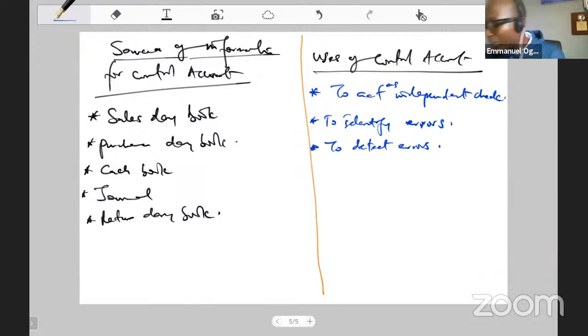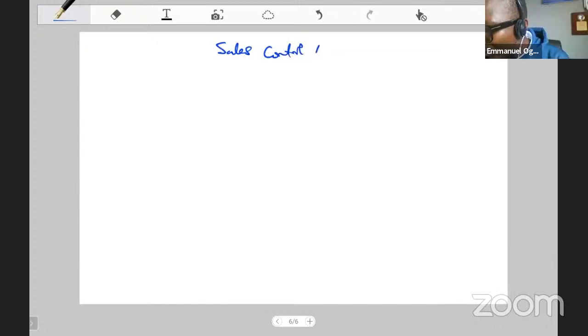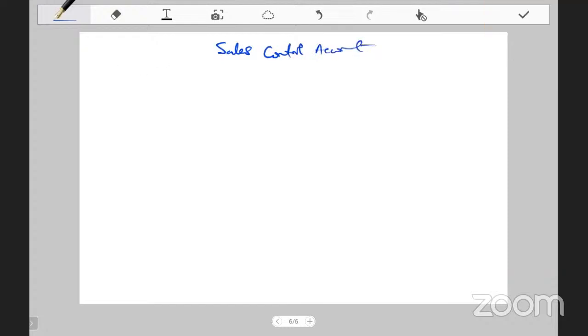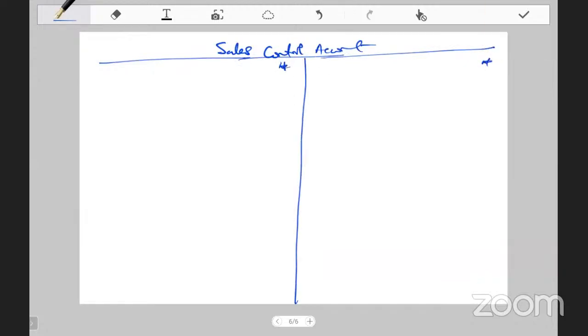Okay, in that case, the next thing we have to look at is the specimen of control account. Don't forget, I told you there are two forms of control account that we'll be considering. Sales control account, which some people also refer to as sales ledger control account or receivables control account.